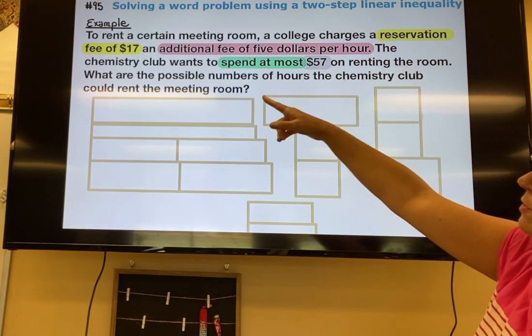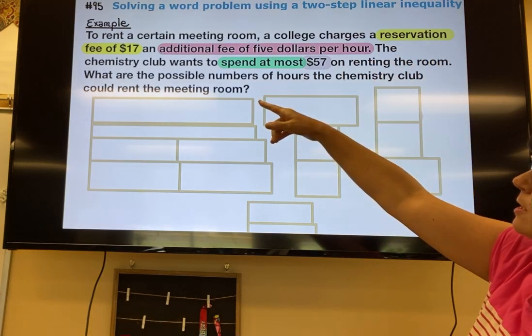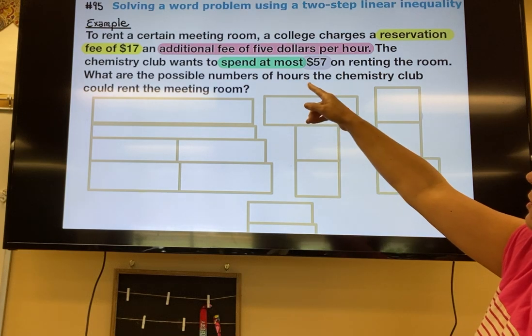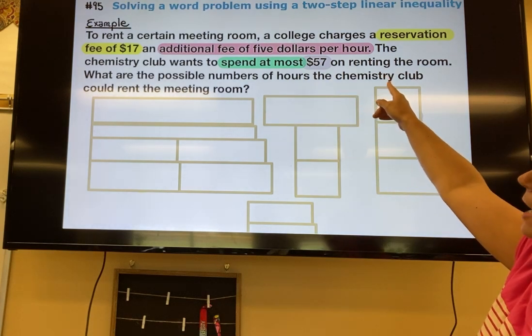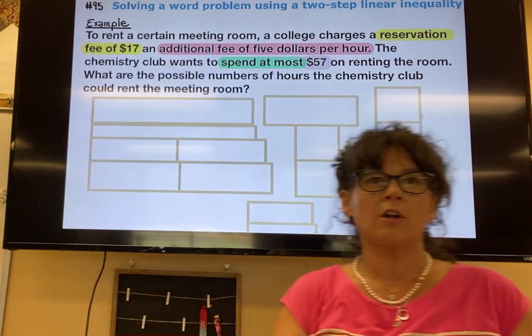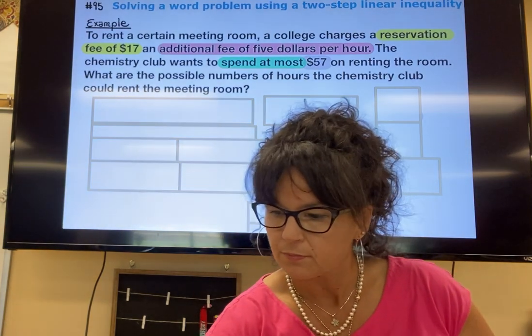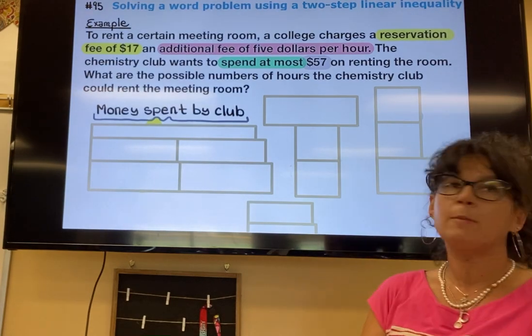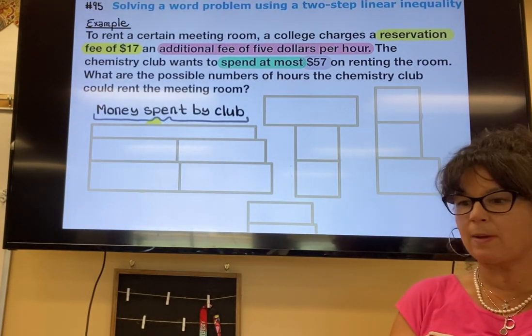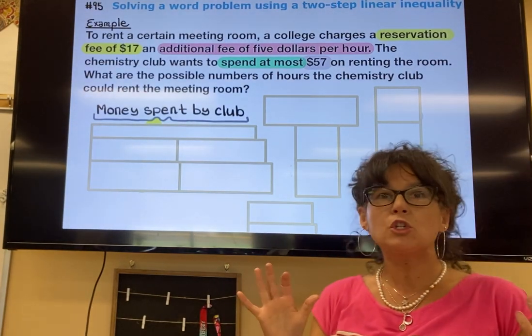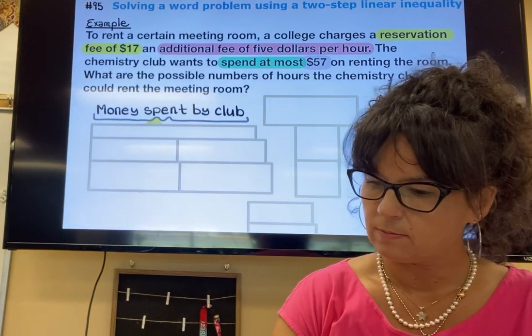The reservation fee is $17, and there's also an additional fee of $5 for every hour. So if we start off with just how much money they are charging for the room, or how much money the club is going to have to spend, it's going to come from two different sources.